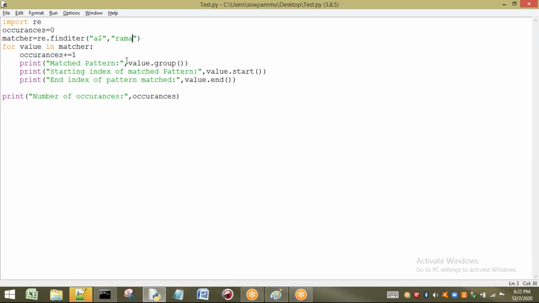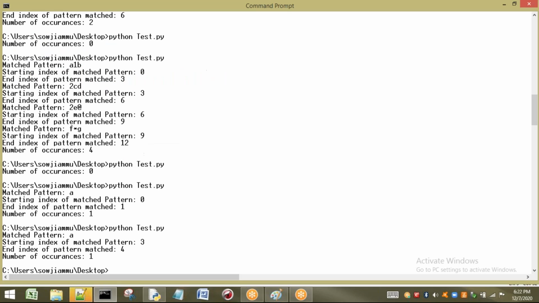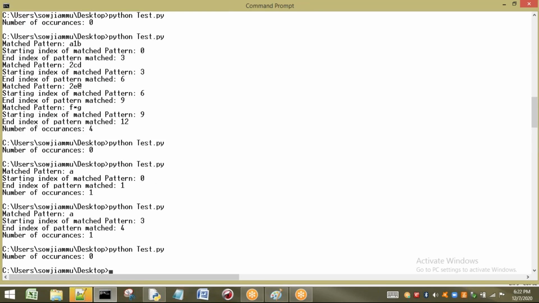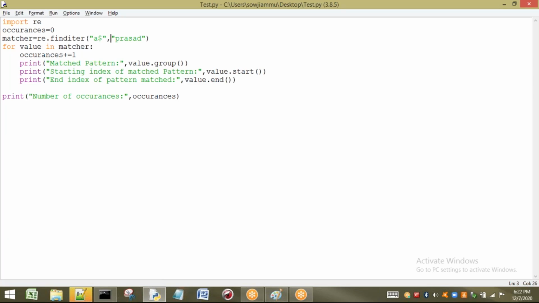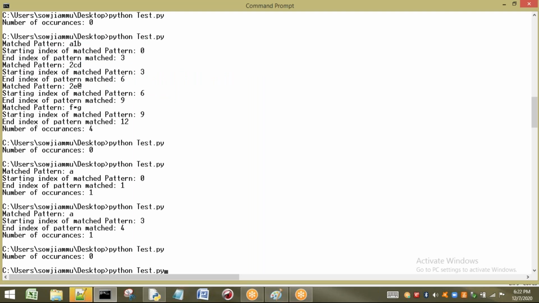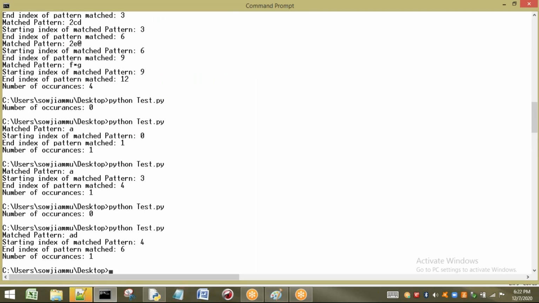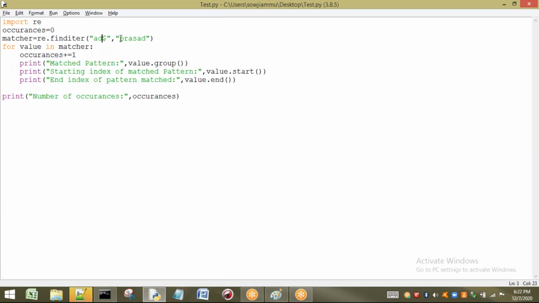Now next one, I will take something which is not present. So see here, A is not at the end of the given string, so we are going to get occurrences as 0. Now I will take AD. Let us execute this one so that you will get some clarity. So the string I have taken here ends with AD.